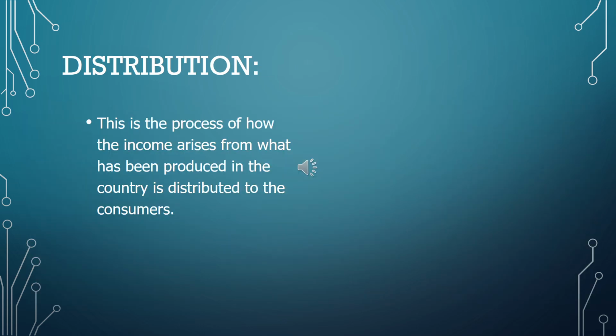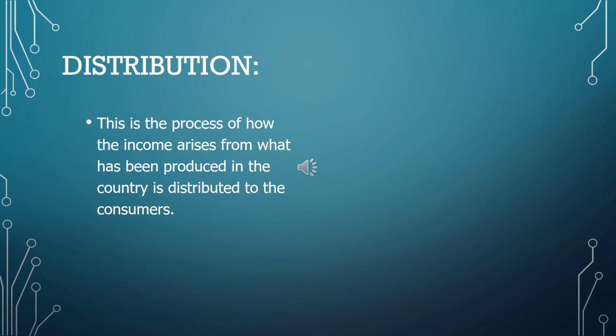Comes the term distribution. Distribution is the process of how the income arising from what has been produced in the country is distributed to the consumers. The purpose of distribution is to give the goods to the consumer as per their demand or their need. It is how the process of income distribution is done, how the salary and wages are paid, and then the consumer goes to the market and purchases.